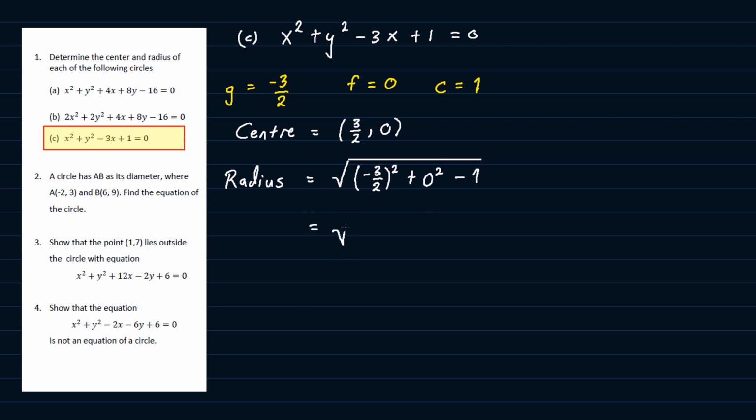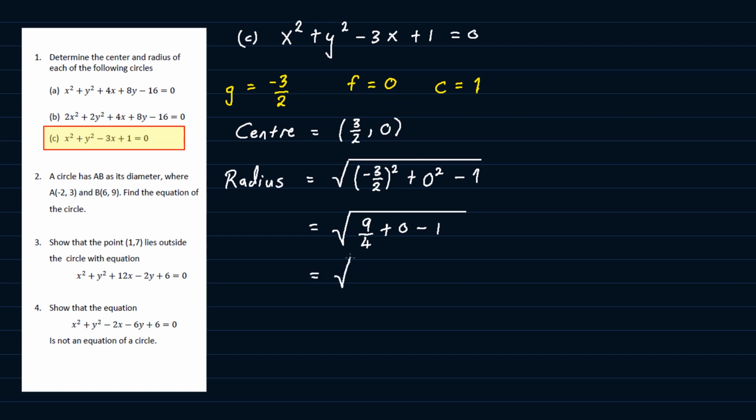So simplifying, we are going to get minus 3 over 2 squared is 9 over 4. That's plus 0. Then minus 1.